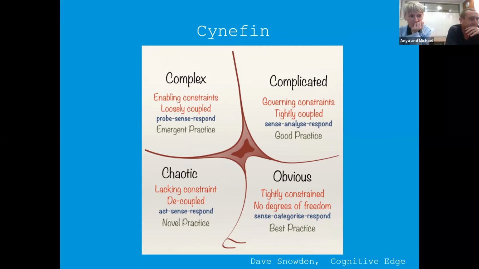Getting back to Parliament. A lot of software in Parliament and in other places is built on the understanding that Parliament operates in a complicated space. And whilst there are some bits of Parliament that are complicated, at heart it is a complex adaptive system. I mean, it is designed to be.